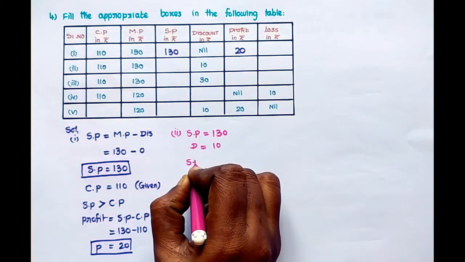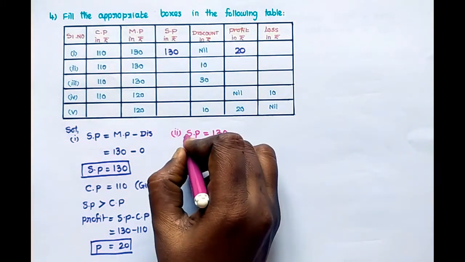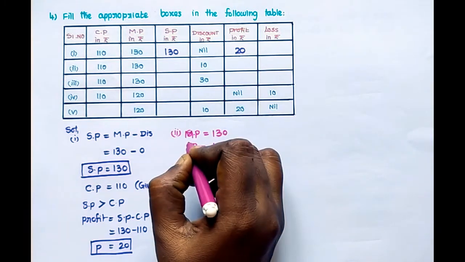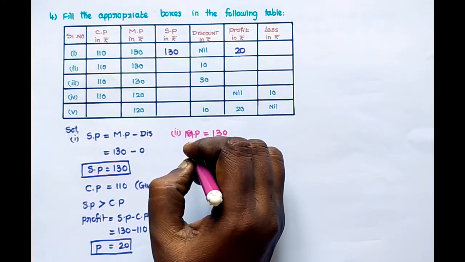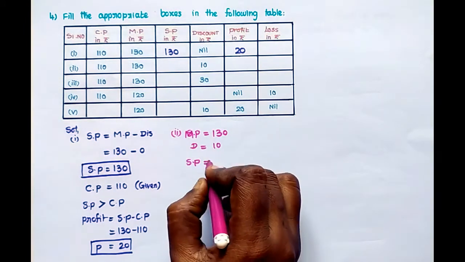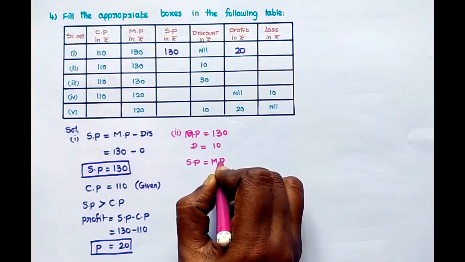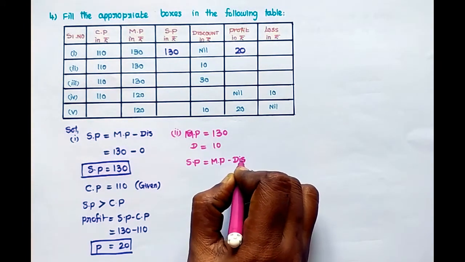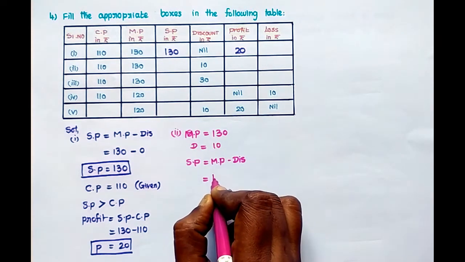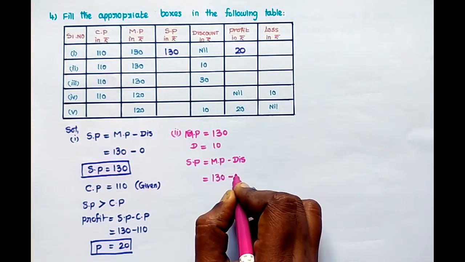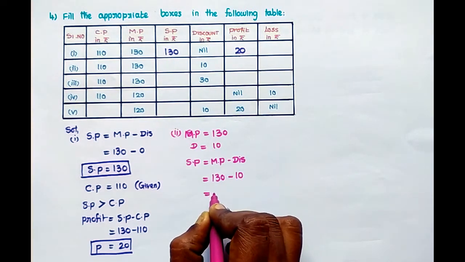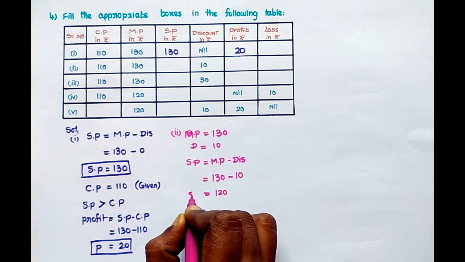So selling price equals mark price minus discount, that is 130 minus discount 10 rupees, means 120 is the selling price.